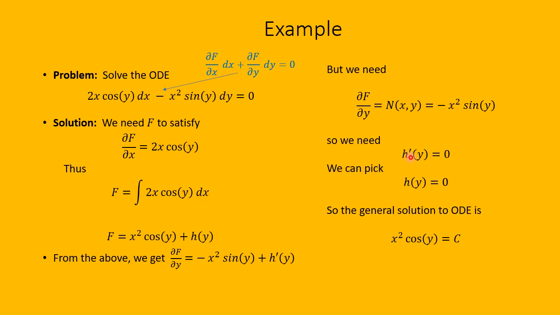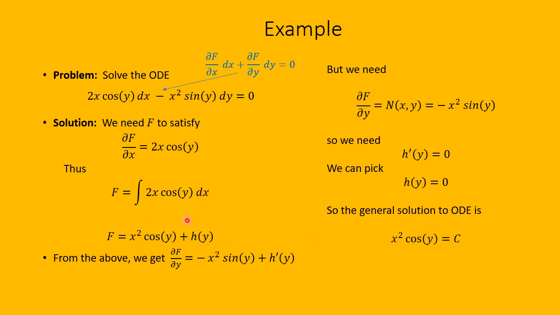And so we have to solve this equation for some h that satisfies it. Well, h of y equals a constant would satisfy this equation, and I decide to pick a particular constant that's easy. How about h of y equals 0? That means that our f of x,y function is just going to be x squared cosine y.